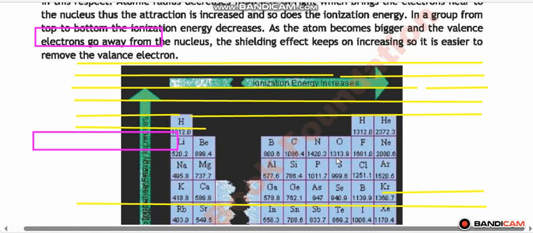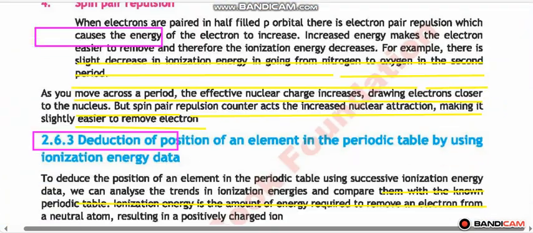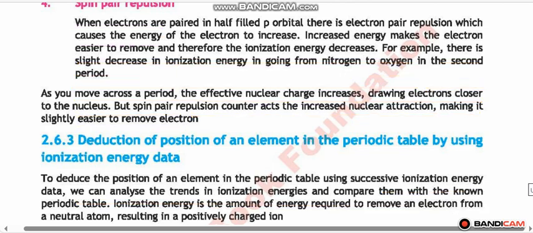This is because oxygen has two paired electrons in its p orbital, and because of these paired electrons they repel each other, hence the removal of these electrons becomes easier, and the first ionization energy of oxygen is lesser as compared to nitrogen.